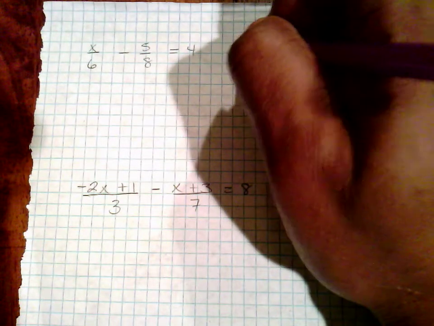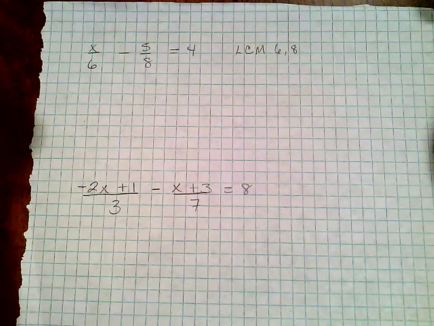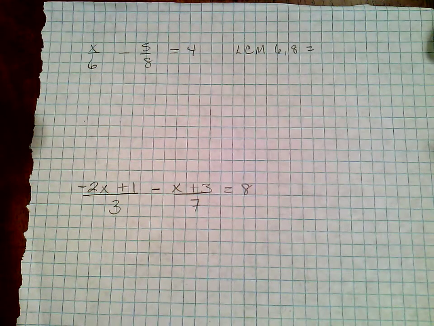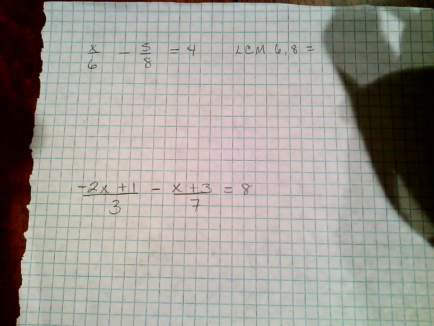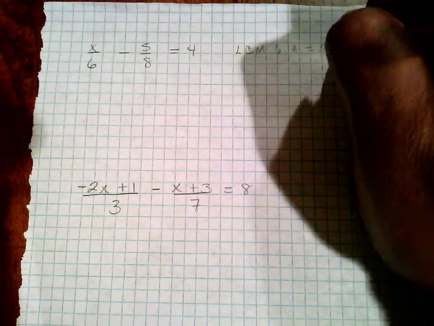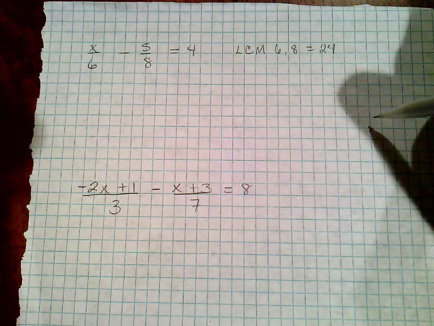But if we go with the least common multiple of 6 and 8, we will get 24. 24 will be a number that they have in common.